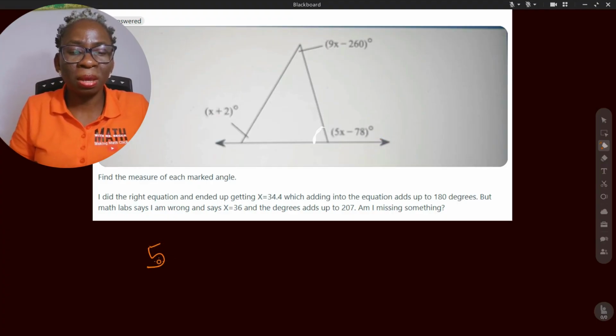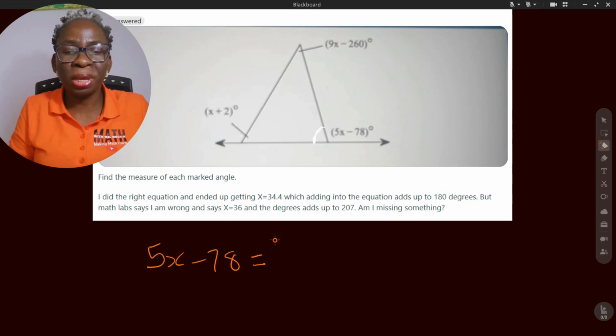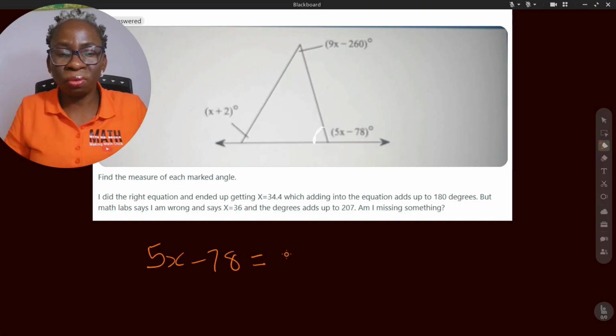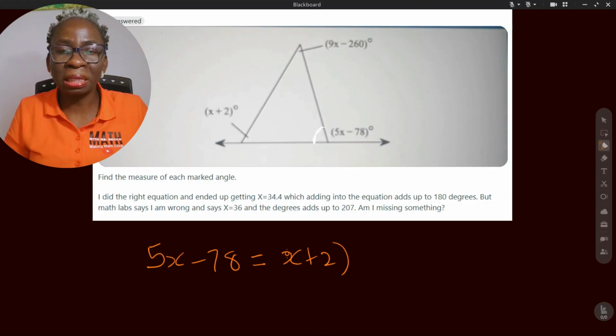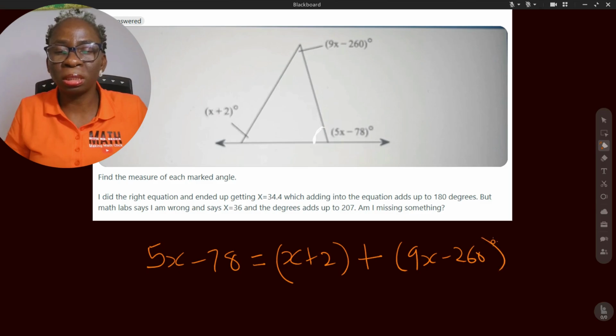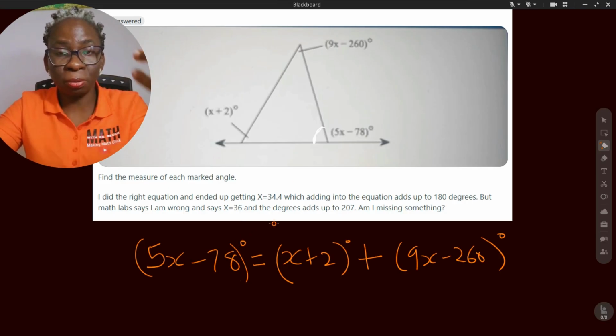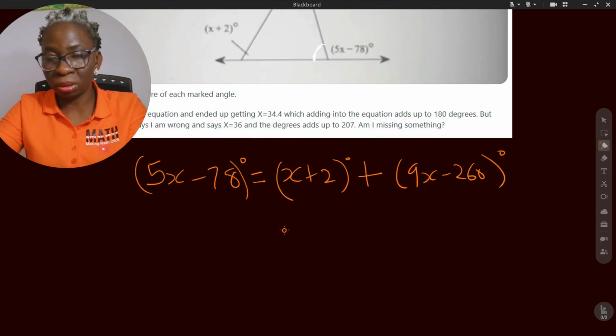So that means 5x minus 78 will be equal to the sum of the interior angles. One of the interior angles is x plus 2, and then we add the second one, 9x minus 260 degrees. So this is the easier way. This is easier to calculate than the other method.